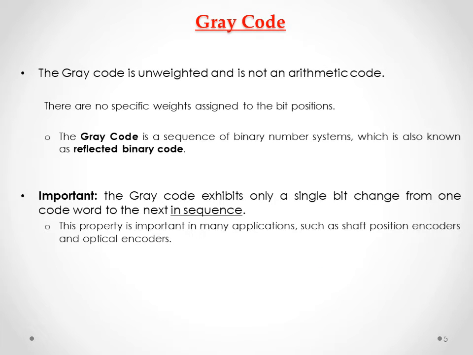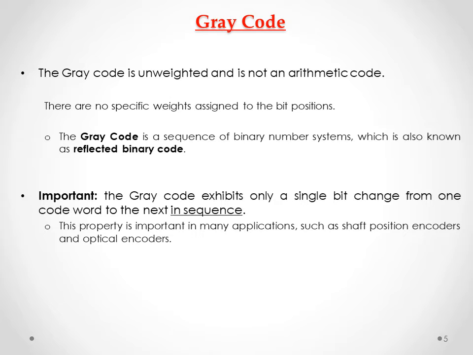Gray code is an unweighted code and it is not an arithmetic code, that means we do not use it for addition and subtraction. Gray code is a sequence of the binary number system which is also known as reflected binary code. The main important property of this gray code is that it exhibits only a single bit change from one code word to the next in the sequence.